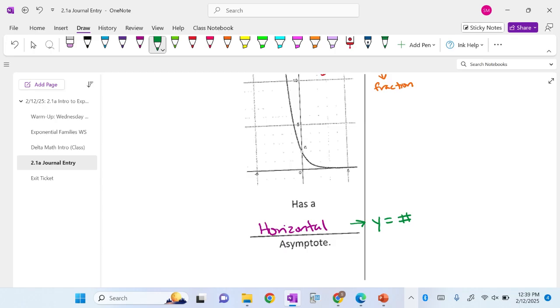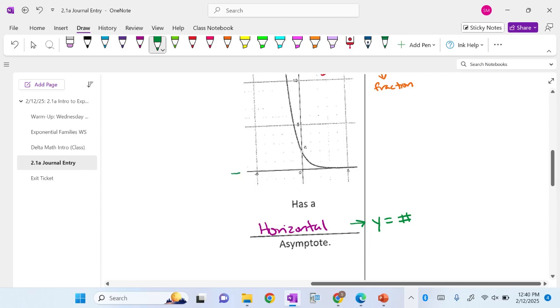So the horizontal asymptote, you always write it as y is equal to some number. If I ever ask you to tell me what the horizontal asymptote is, you have to say y equals this number. If you just give me the number, it's wrong. And the reason I say that is because when we get to vertical asymptotes with logarithmic, it's completely different. All right.